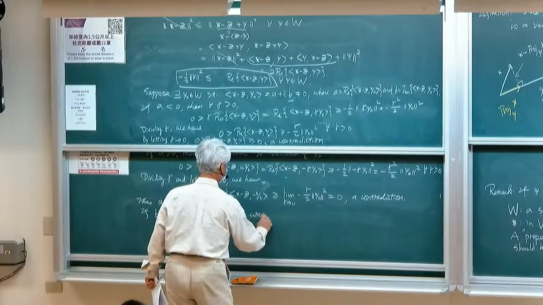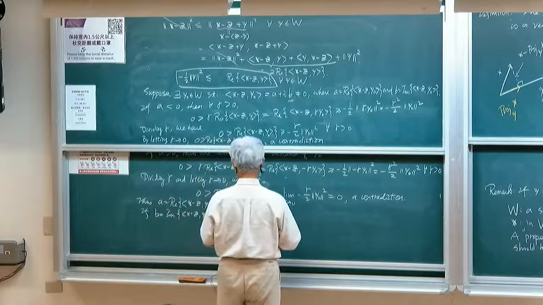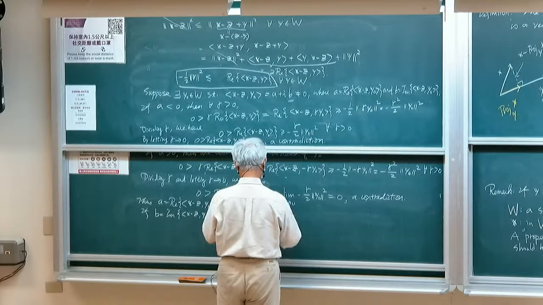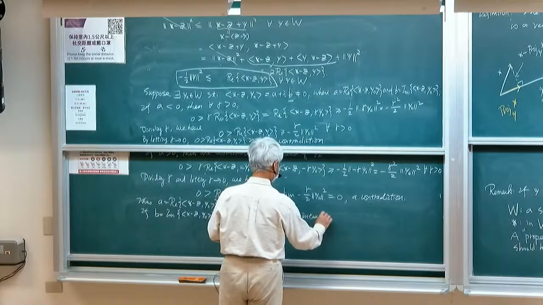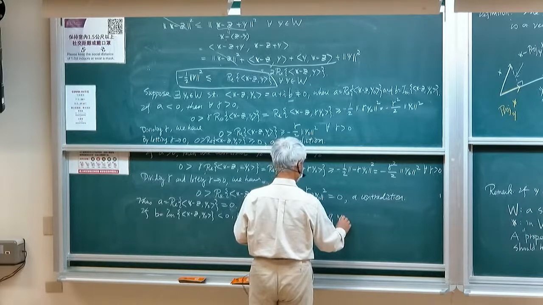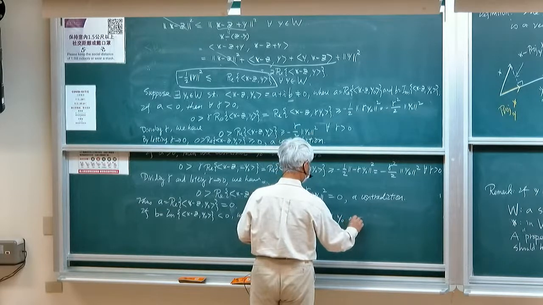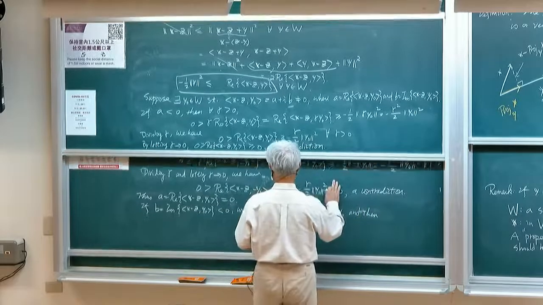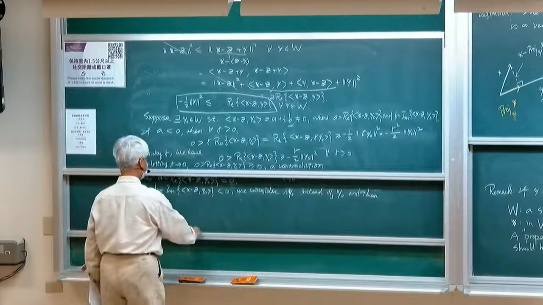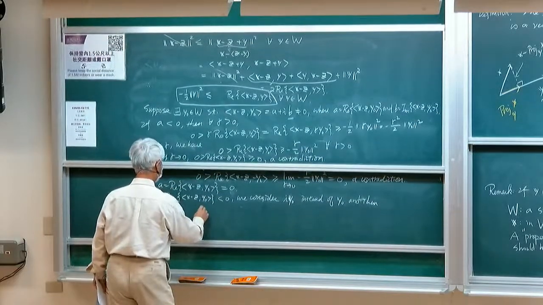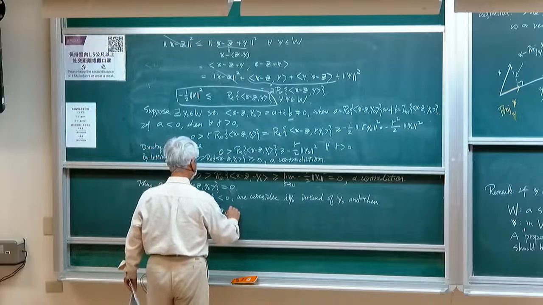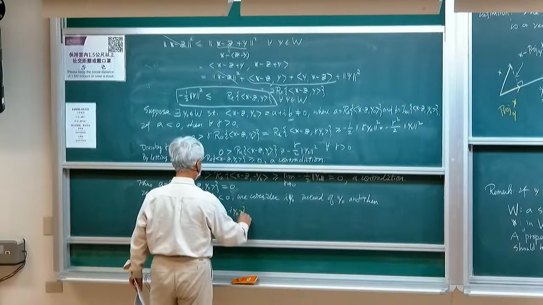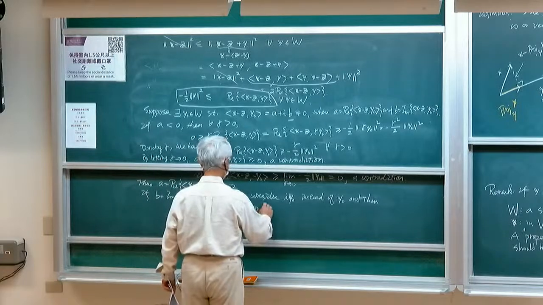We consider, say, i y0 instead of y, and then the real part of x minus z, i y0. Okay, this is the real part of minus i and x, y0.